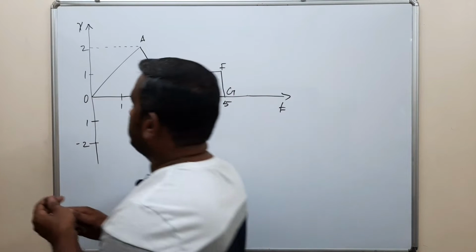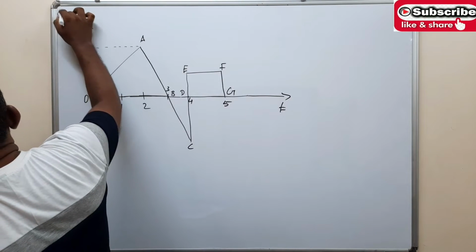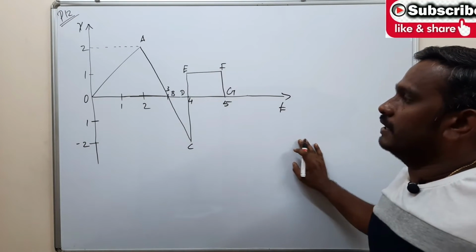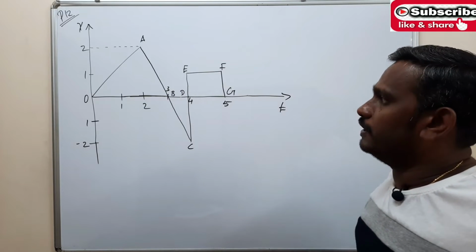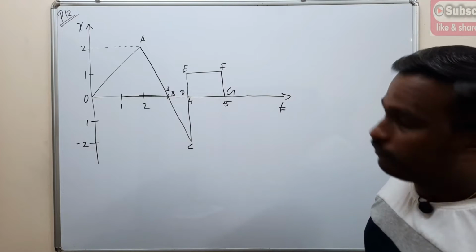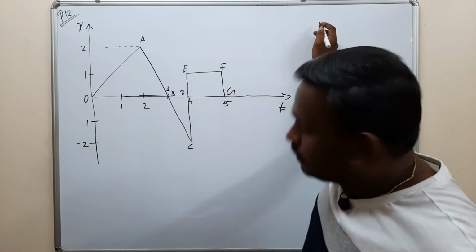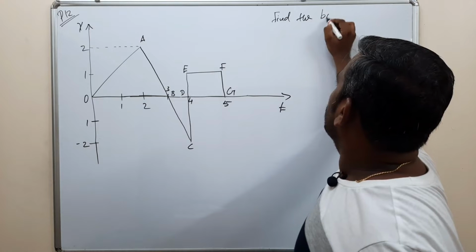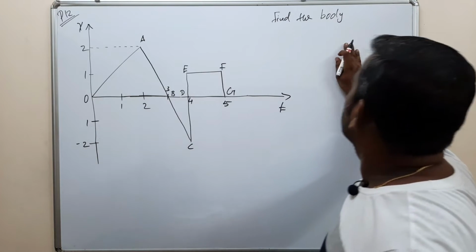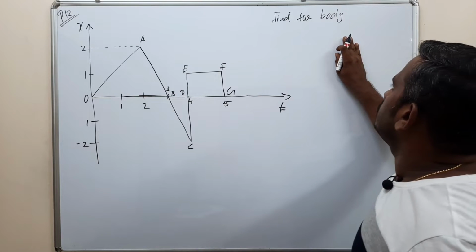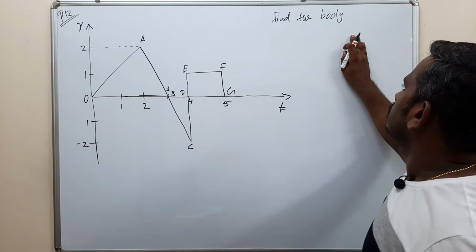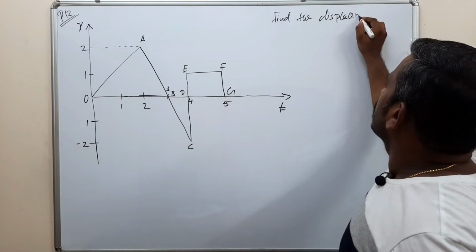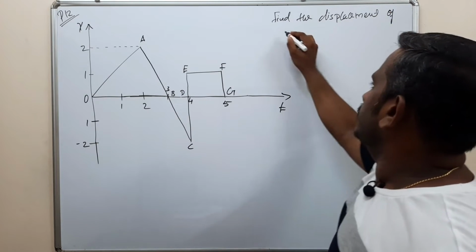So 12th question. This is the velocity time graph given, the velocity time graph of a linear motion of a body.